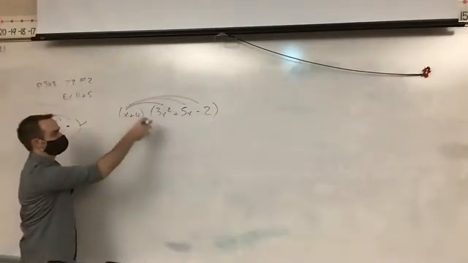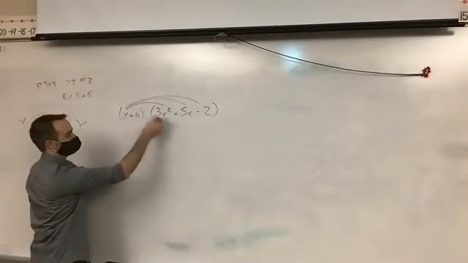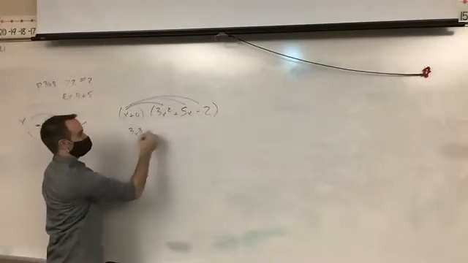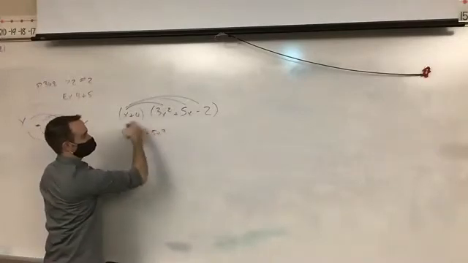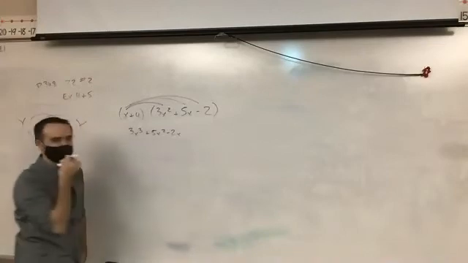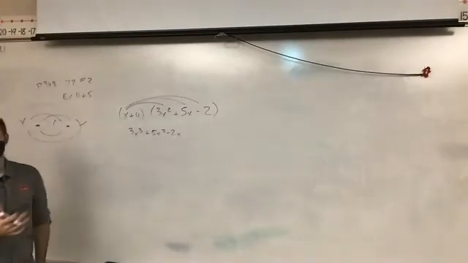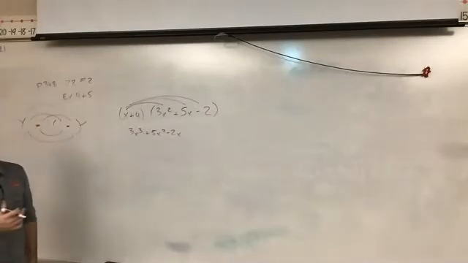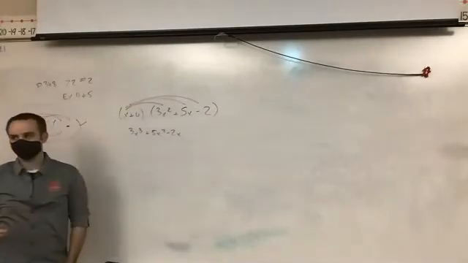X times 3x squared is 3x to the 3rd. X times 5x is 5x squared. X times -2 is -2x. You're just adding an x on the end of everything. And if it already has an x, then you're adding 1 to the exponent. Okay, so that's taking the x to everything.